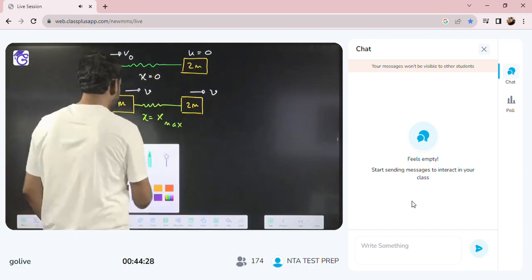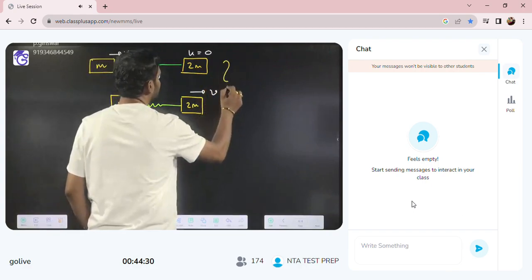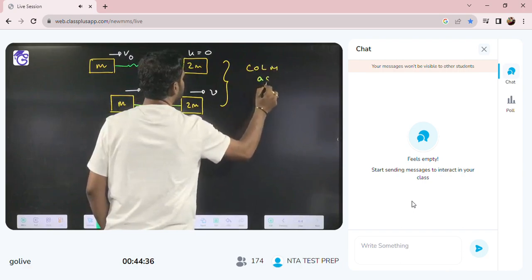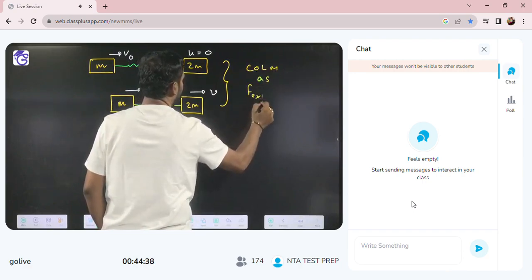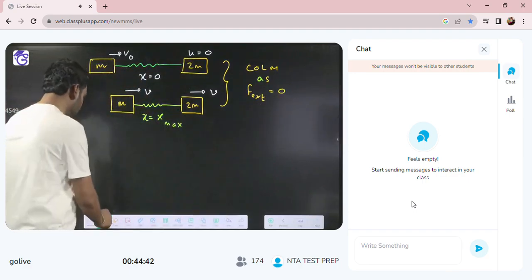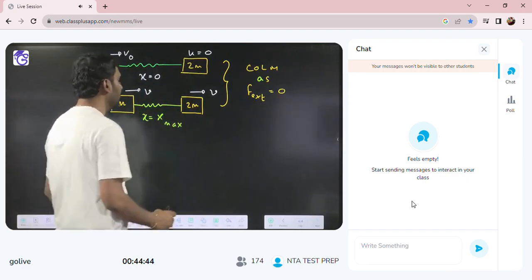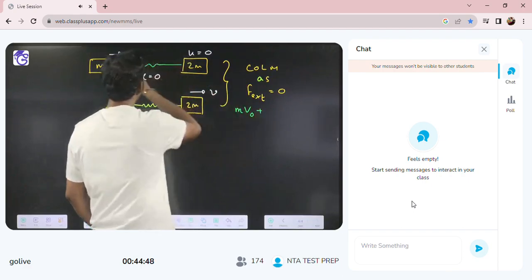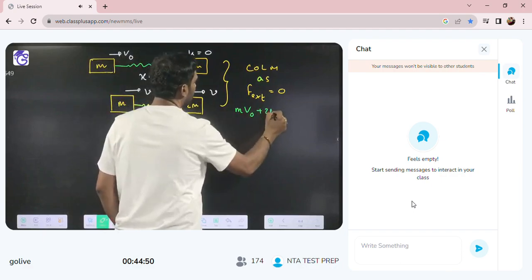Then what did I say? I said in between these two events there will be conservation of linear momentum as F external is equal to 0. So conservation of momentum gives initial momentum: m into V0 plus 2m into 0.